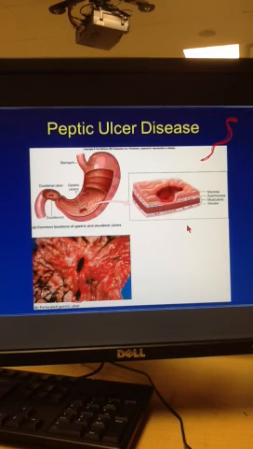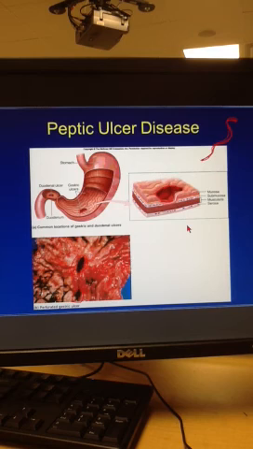You've probably heard of Prilosec, Nexium. Those drugs block the synthesis of hydrochloric acid. Hydrochloric acid, the hydrogen ion is considered a proton. And so these proton pump blockers, Prilosec and Nexium, block the synthesis of the hydrochloric acid.